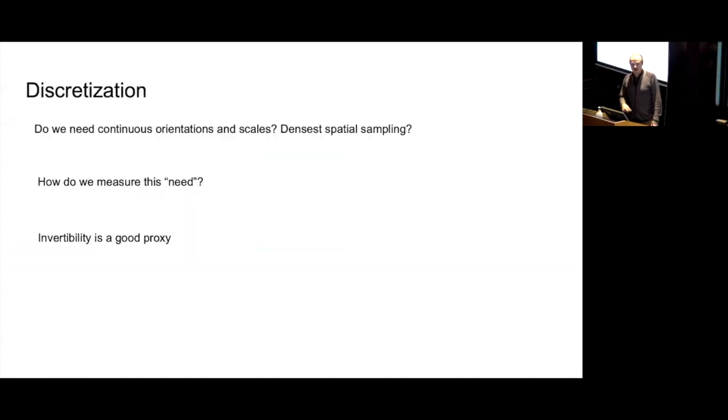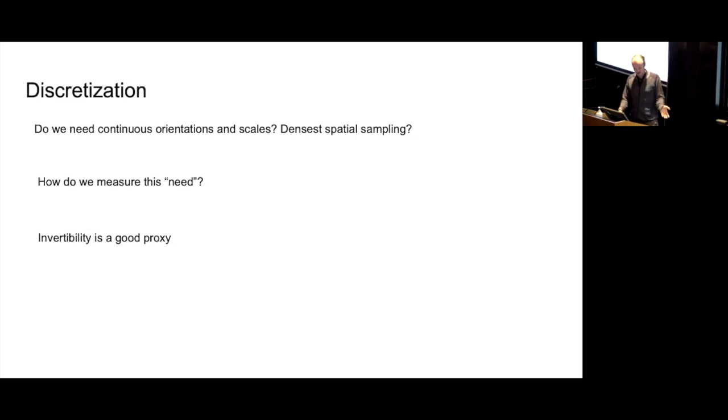So far I've basically talked about only wavelet transforms filtering in the densest way possible in space, in orientation, in scale. And one question is, can we get away with not being completely dense? Can we, for example, skip some orientations?